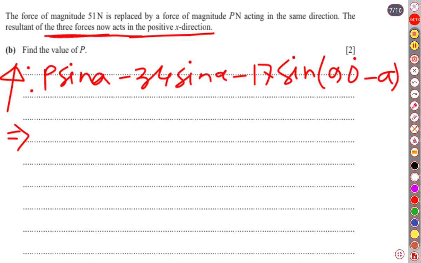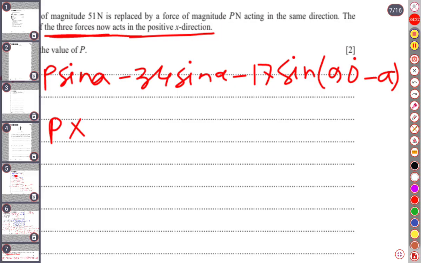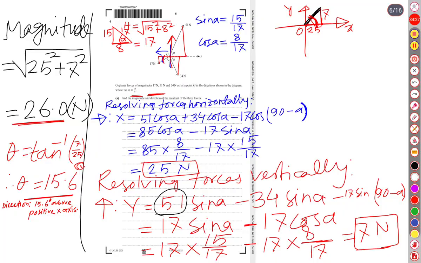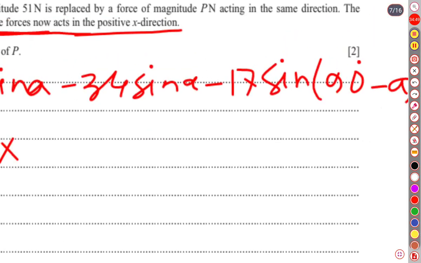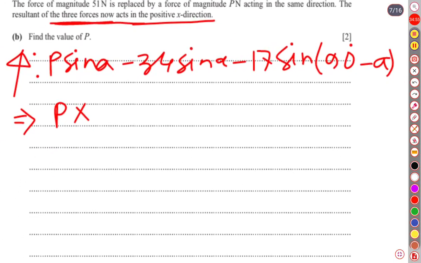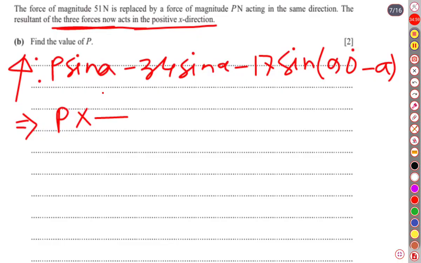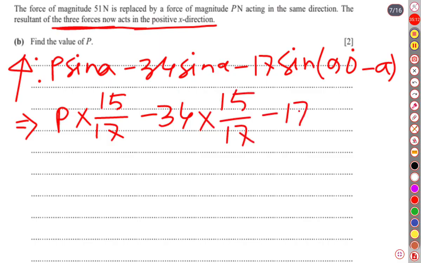We have already found the values: sine alpha is 15 over 17, and cos alpha is 8 over 17.